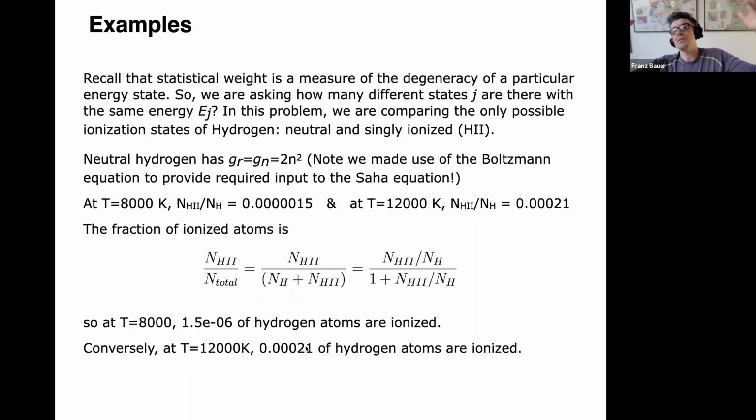So it's a very small number that are ionized. And then, of course, if you go back to the Boltzmann equation for these temperatures, you have less than a few percent even in the n equals 2 state, which kind of makes sense. This is just probing the tail end of the thermal distribution.